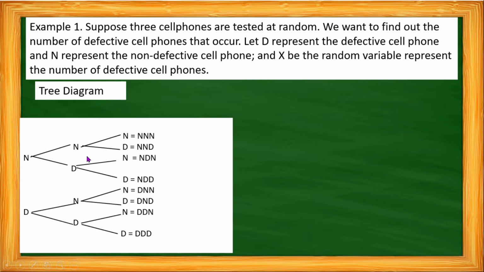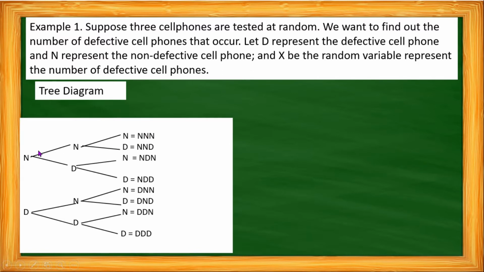Then the second pick, the possible results, you can pick non-defective, defective, non-defective, and defective. Then the third pick, there are also the results non-defective, defective, non-defective, defective, non-defective, non-defective, and defective.